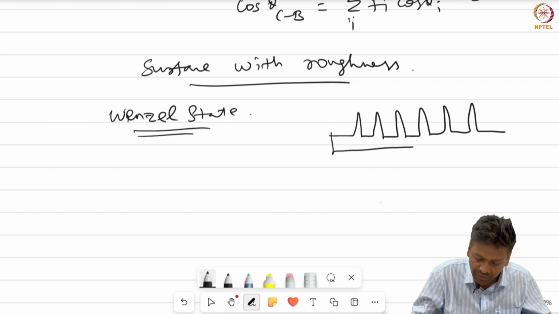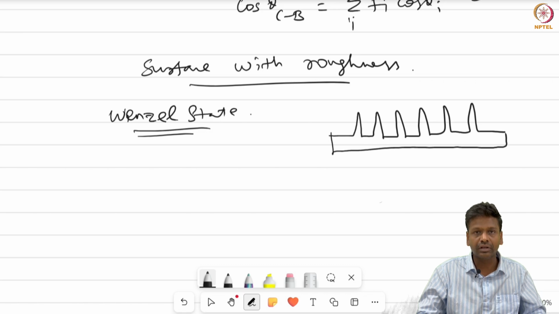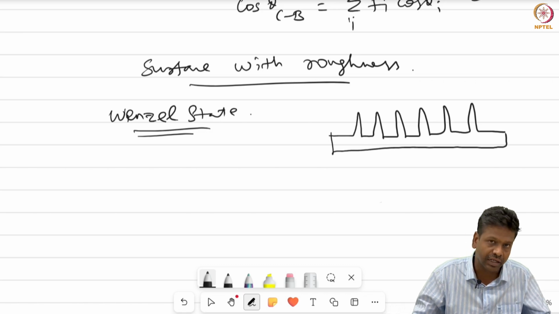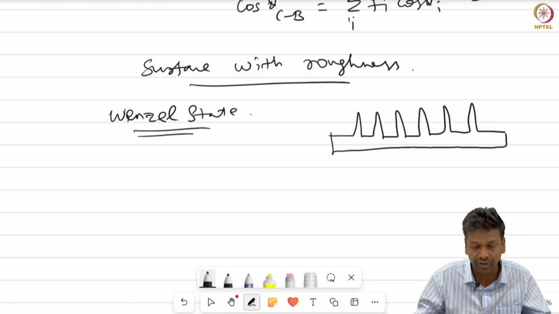Something like this, right? So this roughness indicates that the interfacial area is more than the surface area of the smooth surface itself, right? Because it has more exposure, the roughness factor will amplify the nature of the surface.